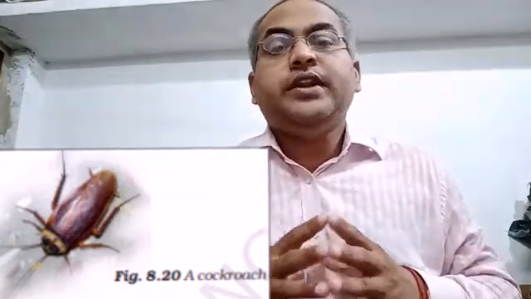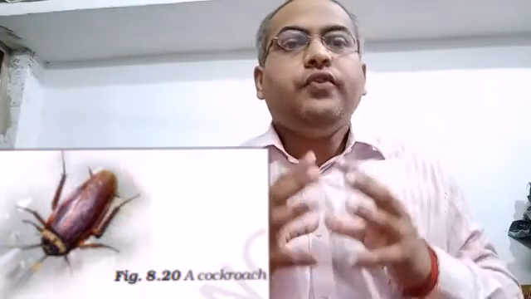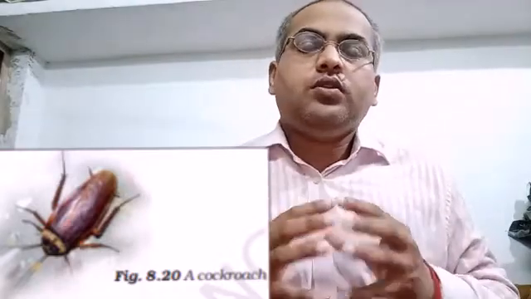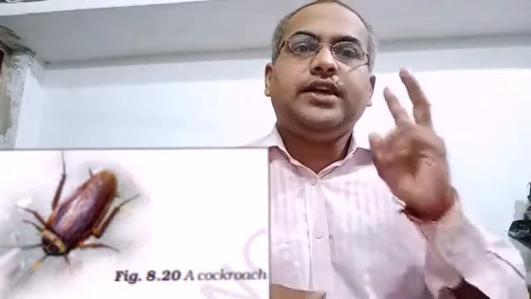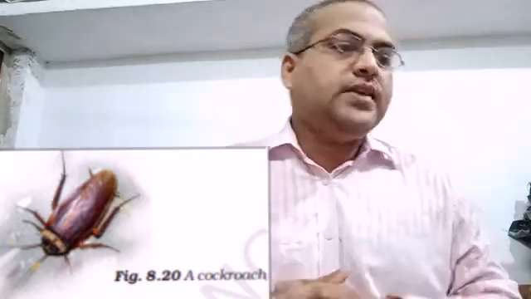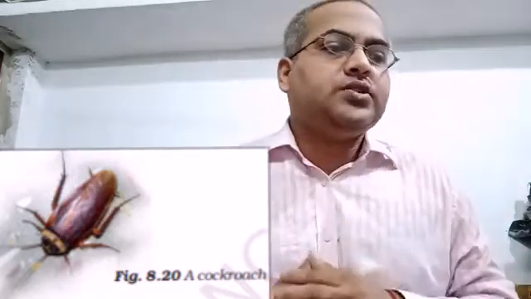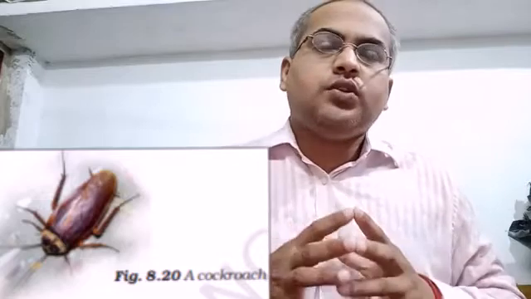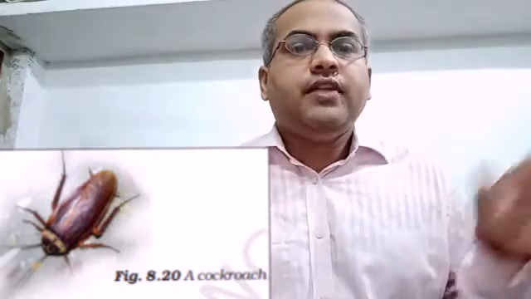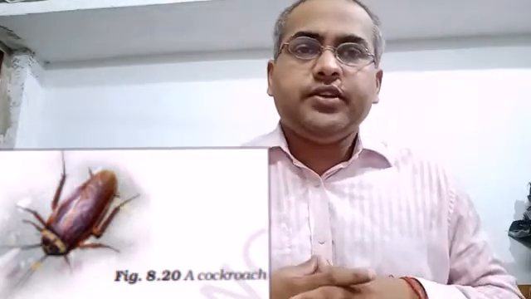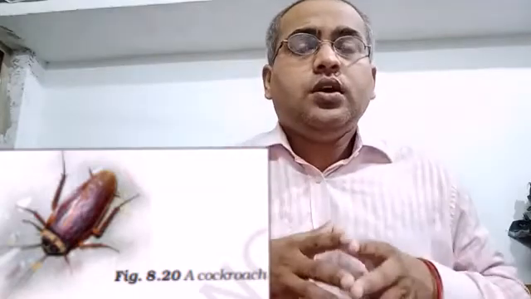Now comes the movement in an insect, the cockroach. If you observe the cockroach or other insects, you will find a hard covering on the surface of their body, and 3 pairs of legs and 2 pairs of wings. A cockroach, or normally insects, walk, they climb, and they can fly also, with the help of their wings.